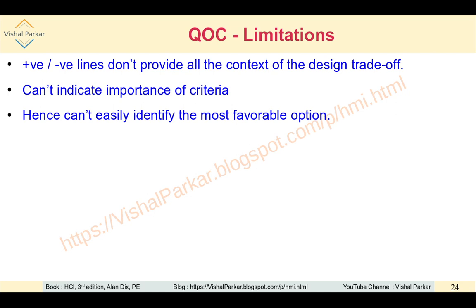But that one criterion may be so important that it may either make the option chosen or not. So the importance of a particular criterion is also very important, and that is not possible to be indicated in this QoC notation. Hence, this QoC notation can't easily identify the most favorable option with respect to the importance of the criteria as well as the context.